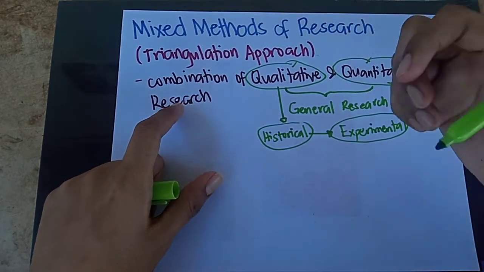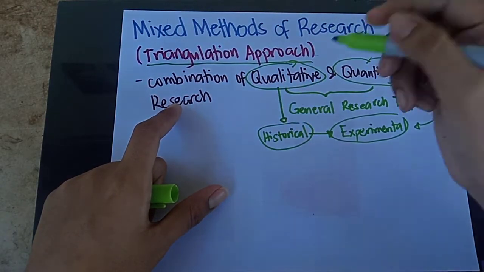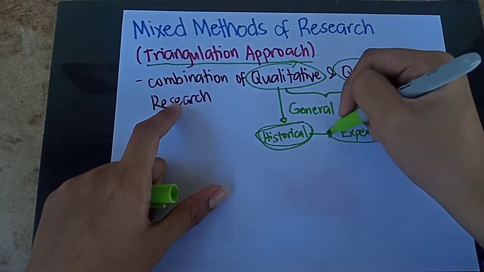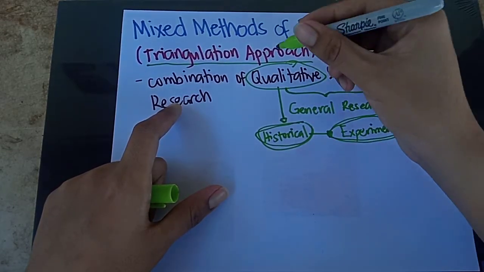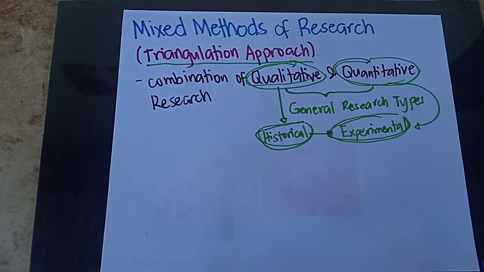So, meaning to say, there was a triangulation approach. Why? Because you applied historical in order to perform experimental. And that is a combination of both qualitative and quantitative researches. So that is the main essence of the triangulation approach.